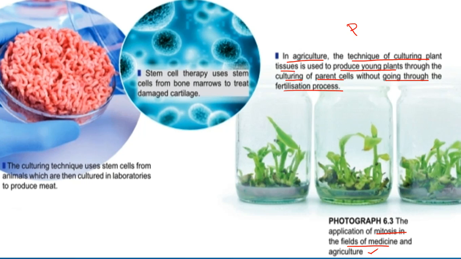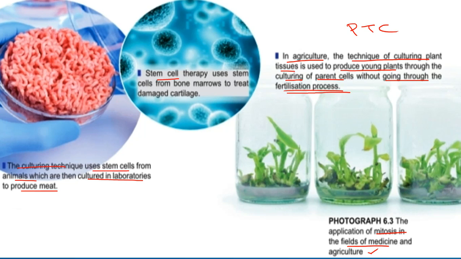Okay, plant tissue culture, di mana dia akan culture itu tumbuhan, okay, parent cell dia tanpa ada persenyawaan, tanpa ada fertilization. Okay, and then the culturing technique uses stem cells from animals which are then cultured in lab to produce meat.